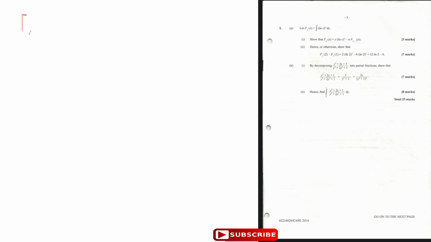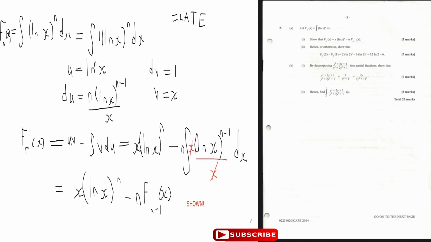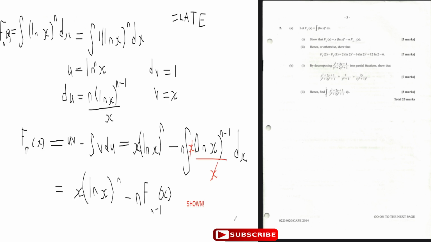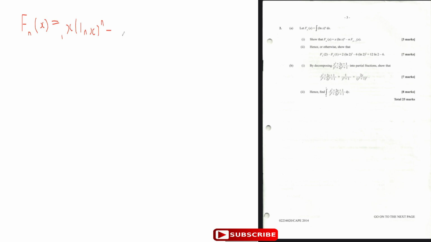To do that, you have to start by writing down that fn of x is equal to x times ln x to the n minus n f n minus 1 of x.